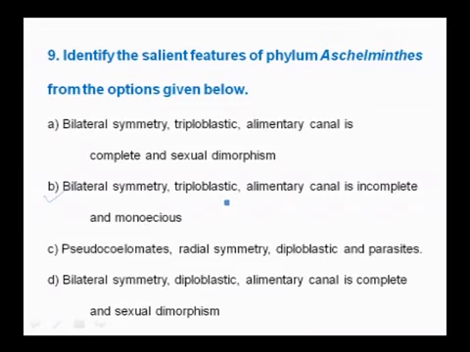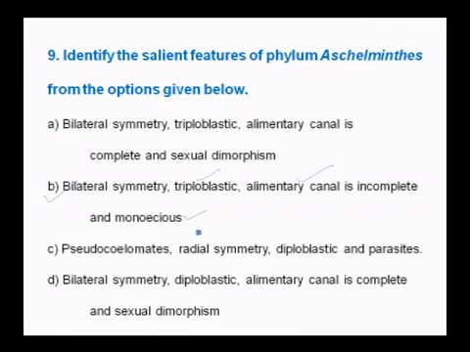Triploblastic, 3 germinal layers. Alimentary canal is complete, presence of anus and mouth. Monoecious, both the sexes are present in the same organism.